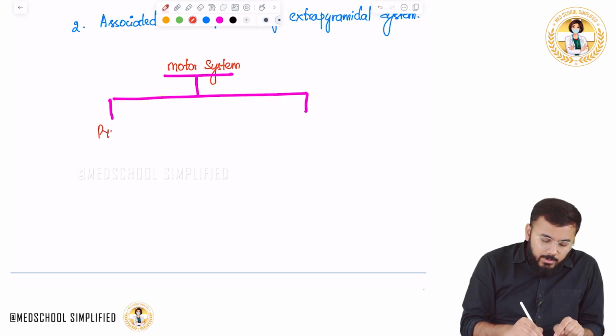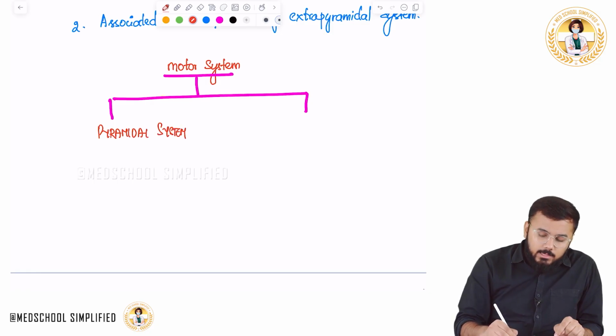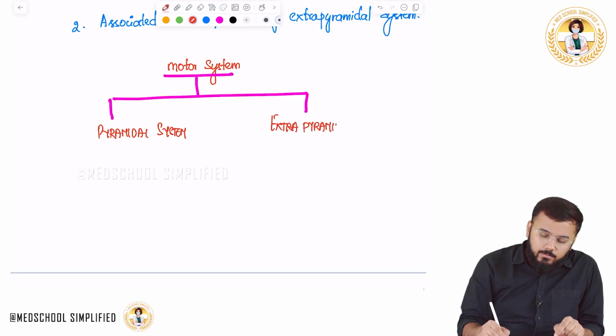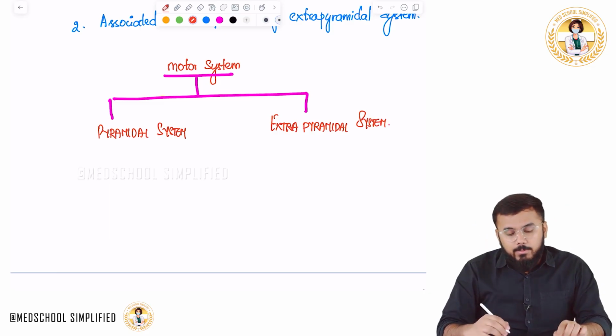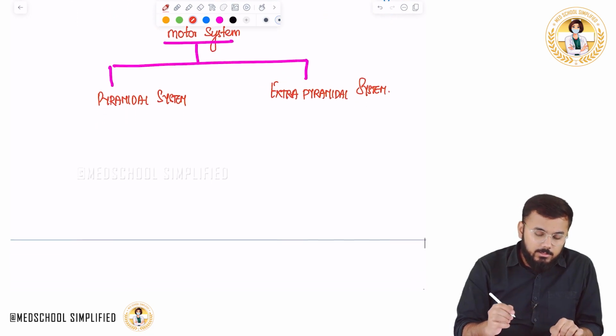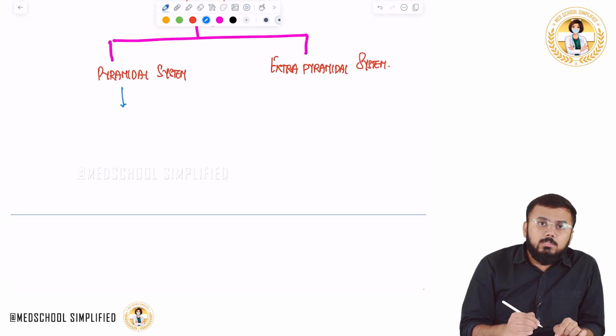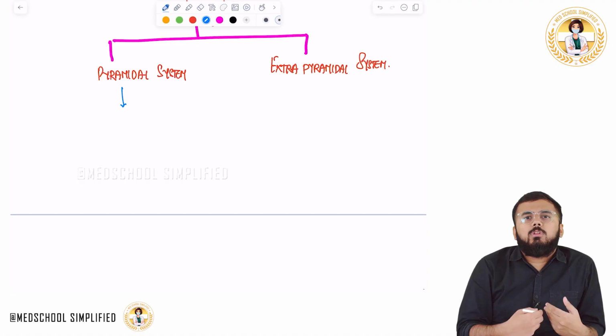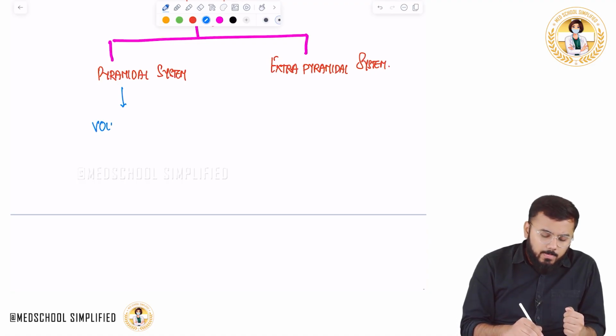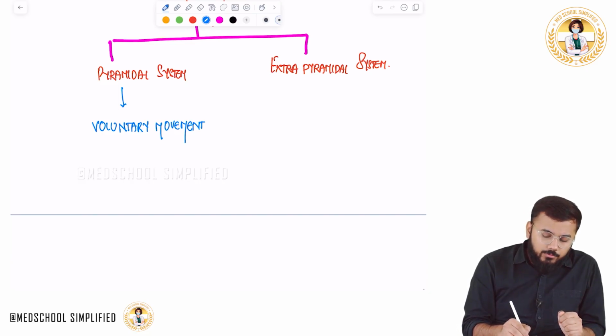One is called the pyramidal system, and the other one is called the extrapyramidal system. What is the use of this pyramidal system? Pyramidal system is useful for the voluntary movements of your body.